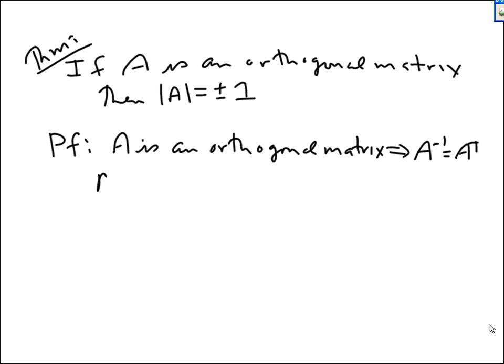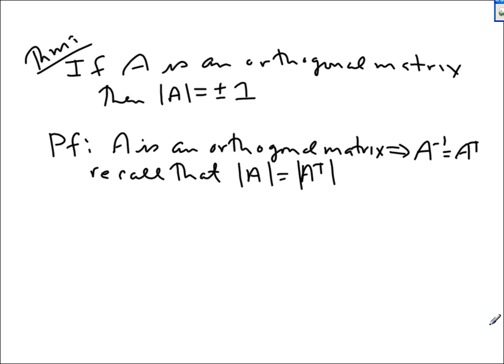Now, I is equal to A times A inverse. Oh, I want to do it slightly different. First of all, recall one thing. Recall that the determinant of A and the determinant of A transpose are the same.